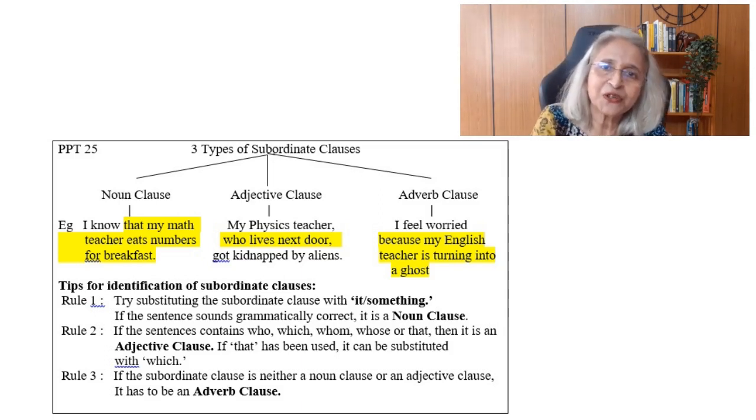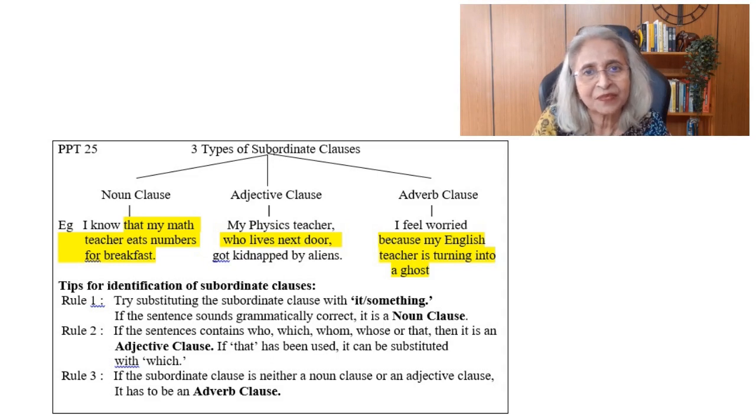Let's move on to the adjective clause. An adjective clause, straight away, you must keep in mind that it will be introduced with who, which, whose, whom, etc. And also that, right?